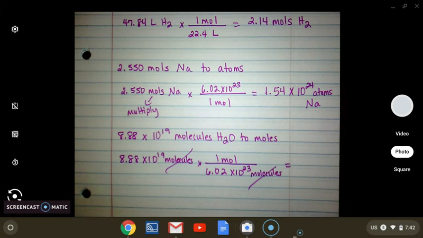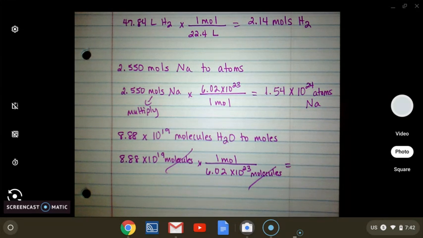And the best thing to do with this is put each of these in parentheses so you get the right number. So you go 8.88 times 10 to the 19th, or you can use the EE button, divided by 6.02 times 10 to the 23rd. And it gives you this really long number, this really small number.